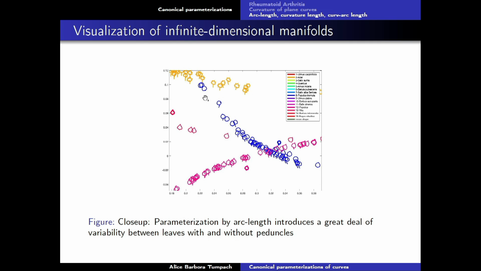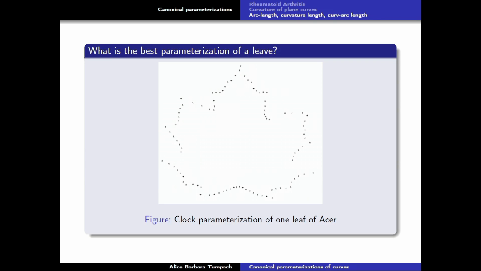In this setting, there were leaves with peduncles and leaves without in the same class. So arc length parameterization was very bad, because if you add some peduncle, you will really change the position of the points, and have a lot of variability in the same class.